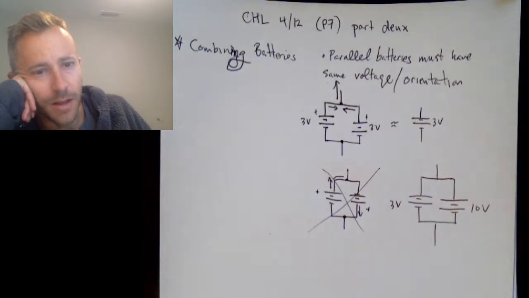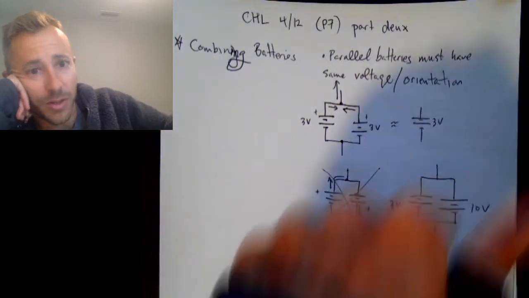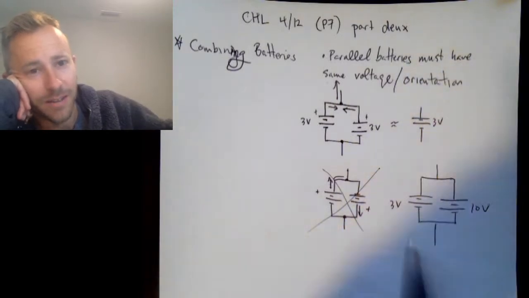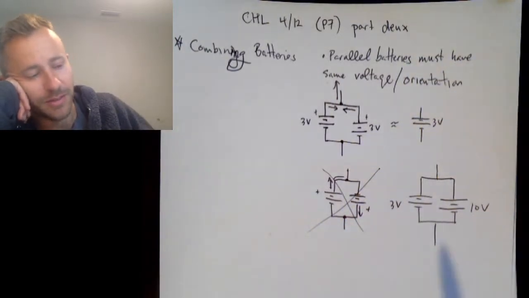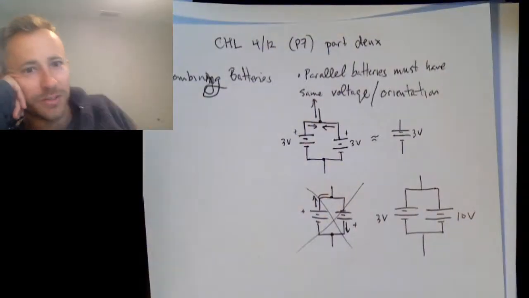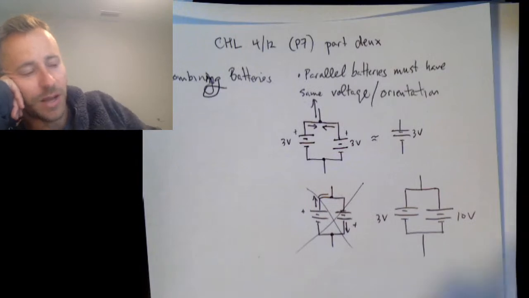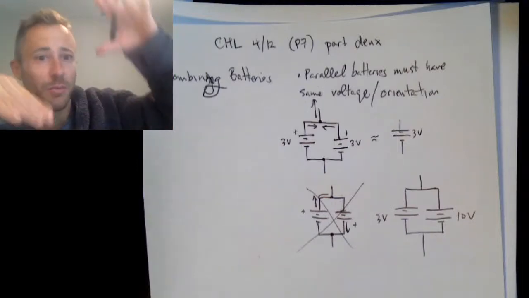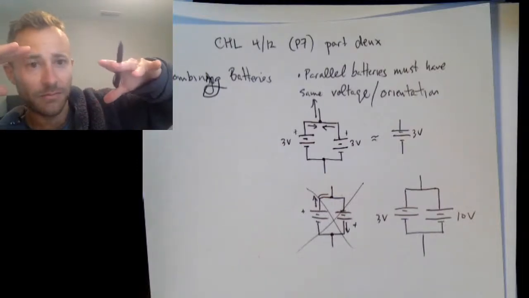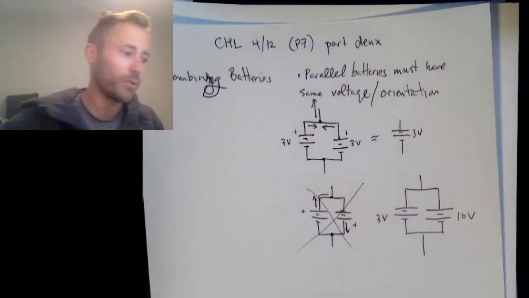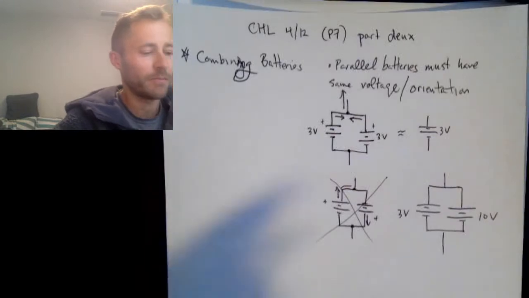So if you do that, unpredictable things are going to happen. SIPOV is the dominant rule in this case. So if you take two batteries that have different voltages and you put them in parallel, something unpredictable is going to happen to make the voltages match. So one of the batteries is going to be operating in a really weird way, or both. So you don't do that.